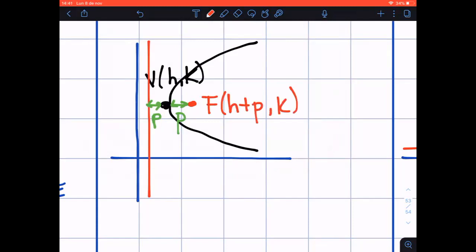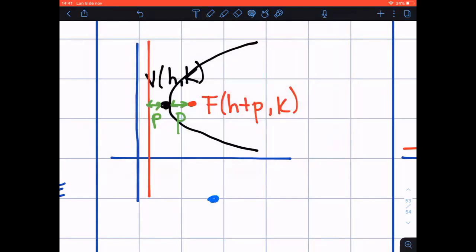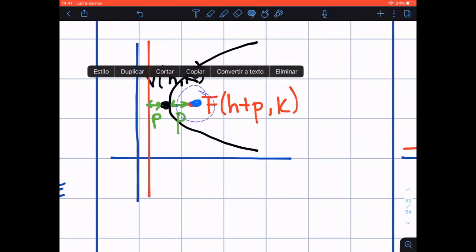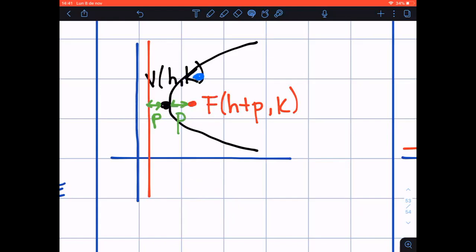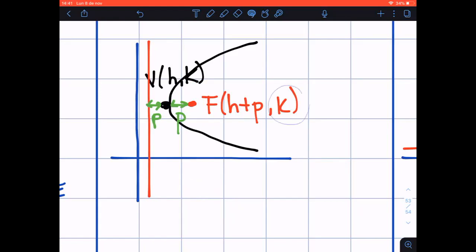In this case, again, if I were to draw a point that goes from the vertex to the focus, the point moves horizontally, right? And it moves p units to the right. It doesn't move vertically. So what that means is that the y coordinate remains the same. And the only one that I affect is the x coordinate. So you will have h plus p as an x coordinate of the focus.